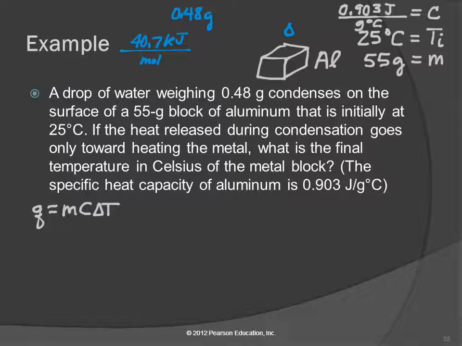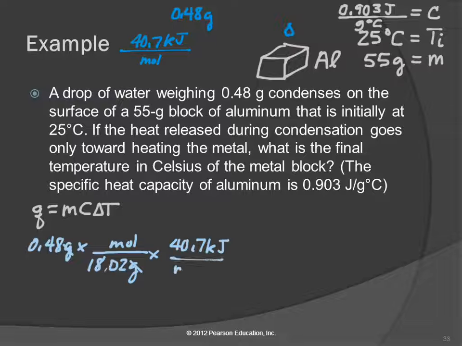So we're going to take, I'm going to go with a lighter blue so it's a little easier to see, 0.48 grams. This is the same calculation we just did. We're going to convert to moles. We just used this molar mass of water. And then we're going to find out that that's 40.7 kilojoules per mole. 0.48 divided by 18.02 times 40.7.